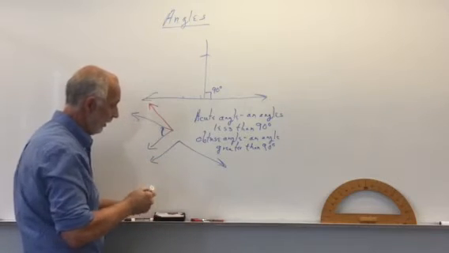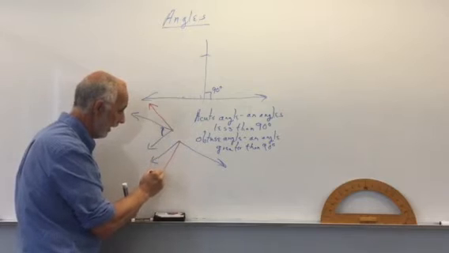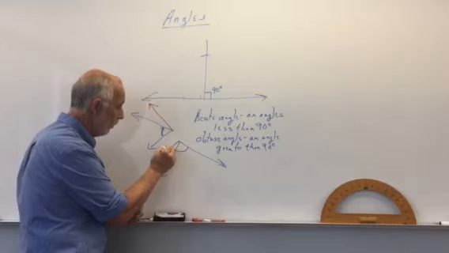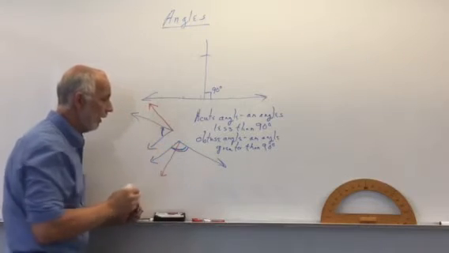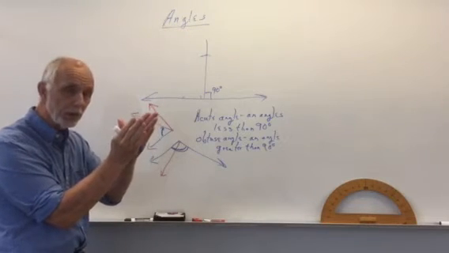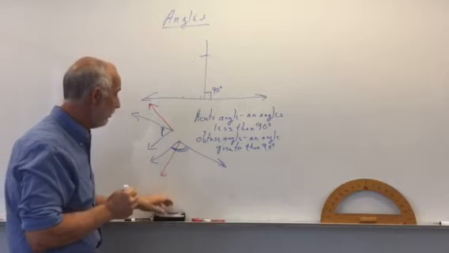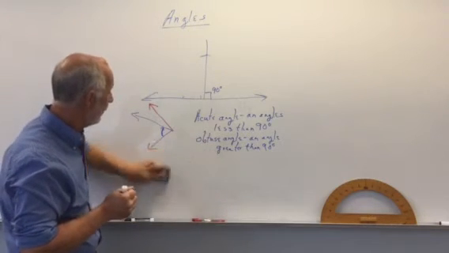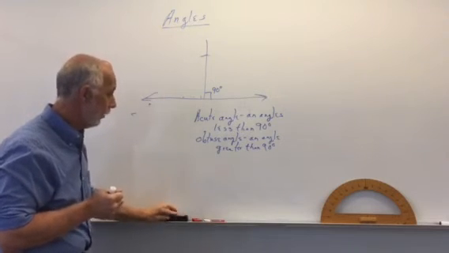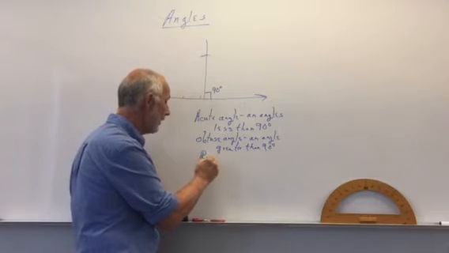Because, again, 90 degrees would be that L shape that comes straight off like that. And you can see that this one opens up more than that L shape. So that's an obtuse angle. So angles that open up a little bit are acute, and angles that open up a lot are obtuse. By the way, you might say, well, if acute is less than 90, and if obtuse is greater than 90, what is 90? And that's a good question, because a 90-degree angle is called a right angle.